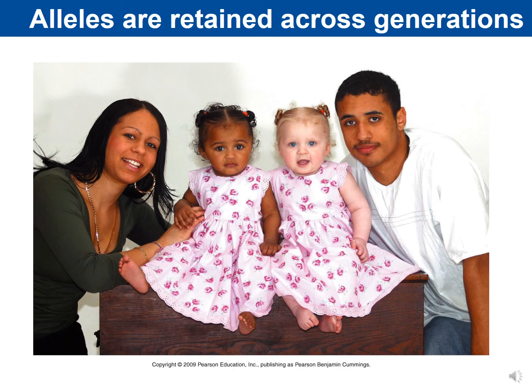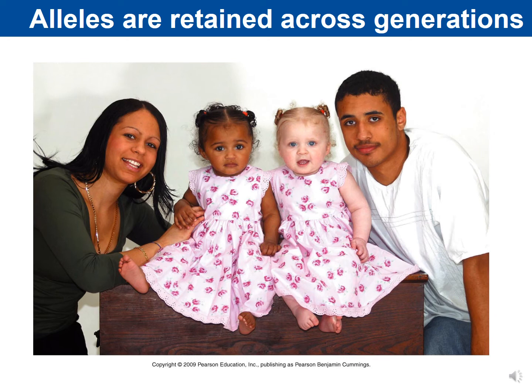You can see that they look related. But notice how many traits are very different between them. One of them has some of the more dominant traits, so the darker skin, darker hair, darker eyes. And the other twin, just by chance, happened to inherit her parents' recessive alleles. So she has the lighter skin, the lighter hair, the lighter eyes.